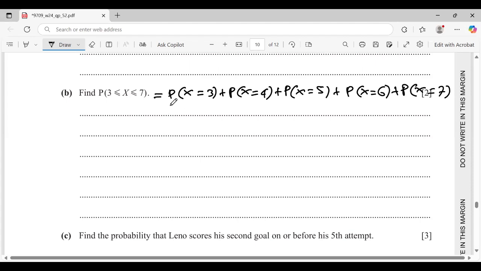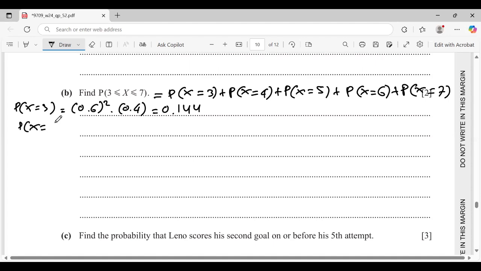Now we're going to find one by one. The probability x equals 3 is 0.6 squared times 0.4, based on the previous information of 4. It is 0.144.